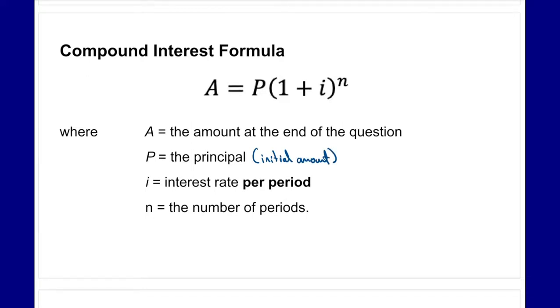I is the interest rate per period. So similar to what we just calculated, for the interest rate per period, we have to take the annual rate as a decimal and divide it by the number of compounding periods.